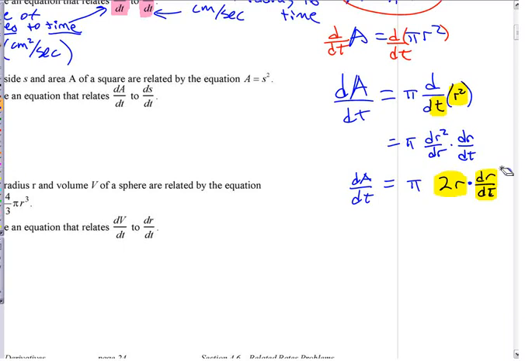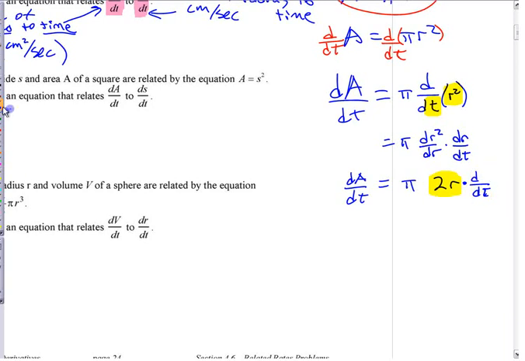Because then you can see where both of those things come from. I'm getting my colors confused here. Let's fix that. Because this dr squared dr is that 2r, and then you need r to t. Does that make any kind of sense to you?